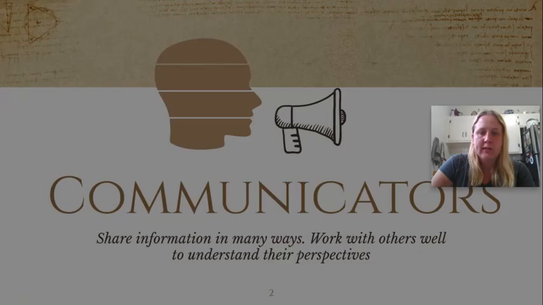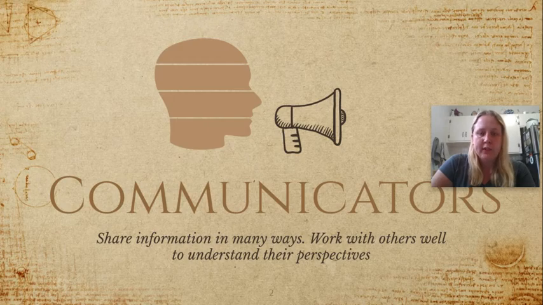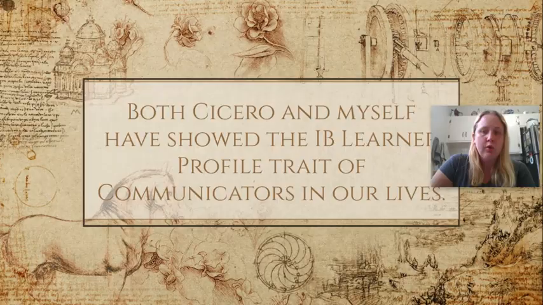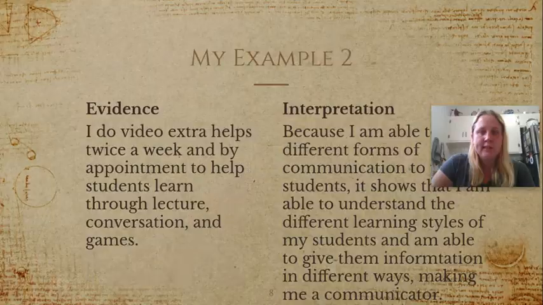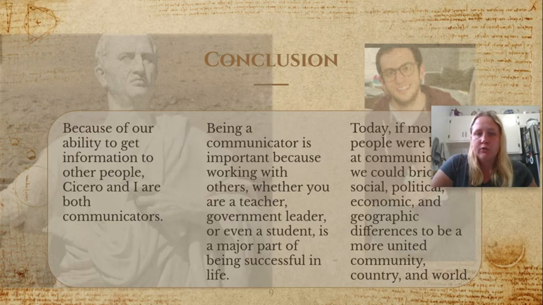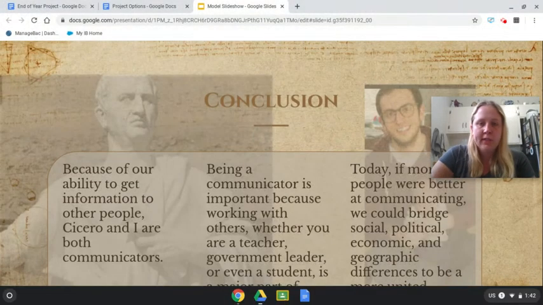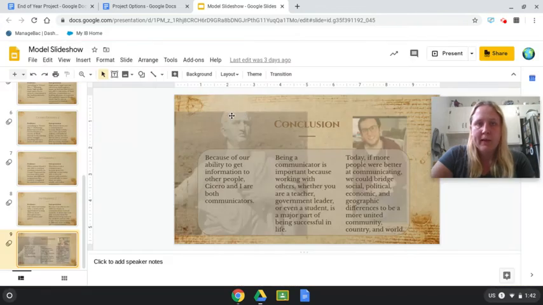Mr. Rain, section L. Here's part of his introduction, communicators, Cicero, his historical figure, his claim, some examples, interpretations, his examples, how that connects to him. And then some concluding here, restating his claim, why it's important today. So again, you can slow that down, go at your own pace. If you want to pause and really look through the slideshow, if that's what interests you for the project, I would pause now to do that.